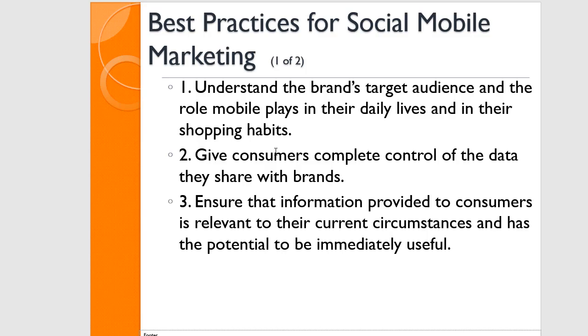You need to give consumers complete control of the data that they share with brands. You don't want to try and trick them into giving up information that they didn't think they were giving up. Make sure the information that you provide is relevant to the current circumstances and has the potential to be immediately useful. You don't want to give them bad information or information that's outdated.